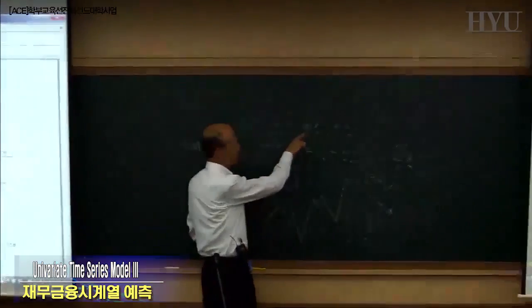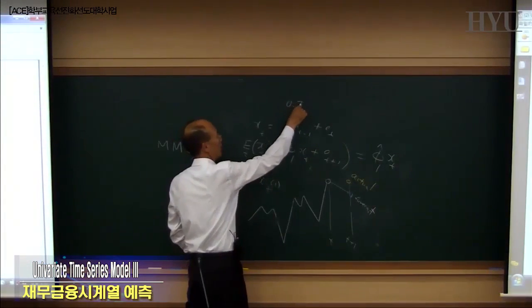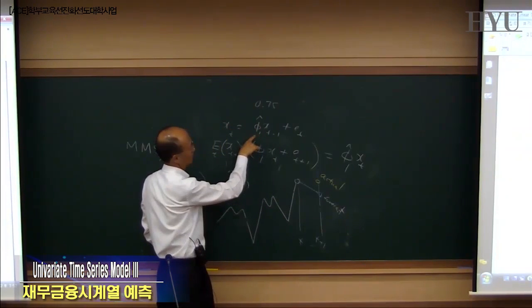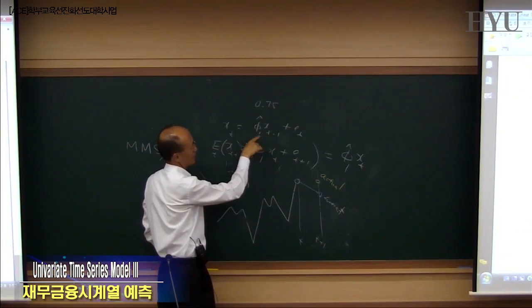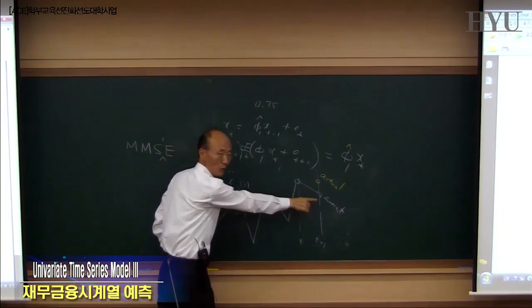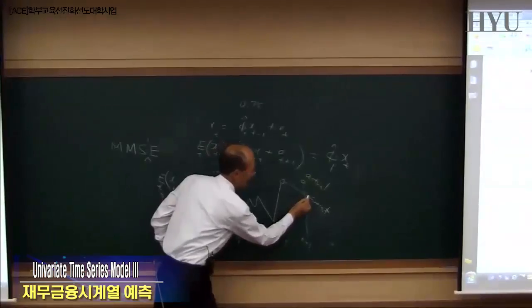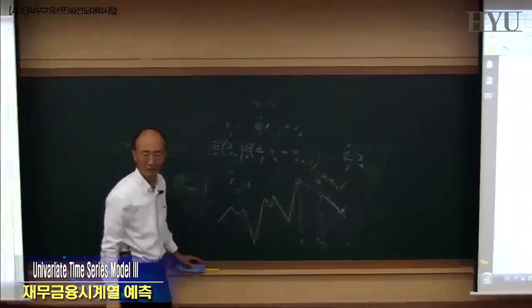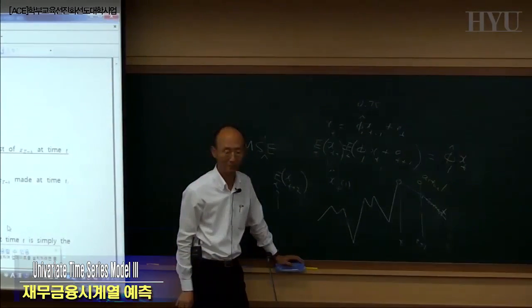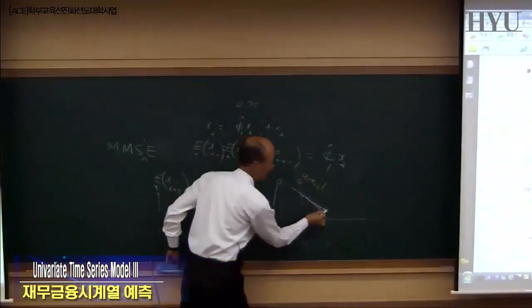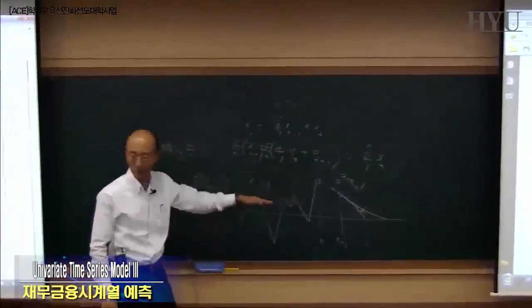So if this number turns out to be, let's say, 0.75, the forecast is going to be whatever it was times 0.75, which is smaller, right? So that way and that way. And eventually, you converge to this long run average.